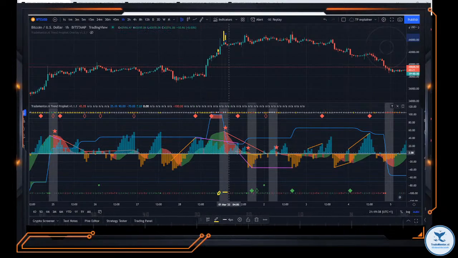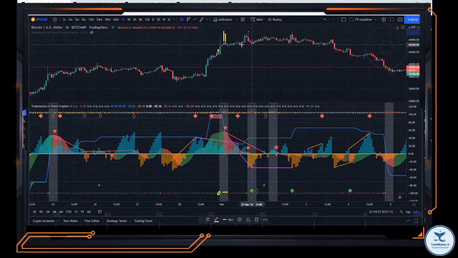Not really yet any signs on the relative strength delta, so it was still pointing upwards, and only here we saw a steep decline in the relative strength delta on this candle.